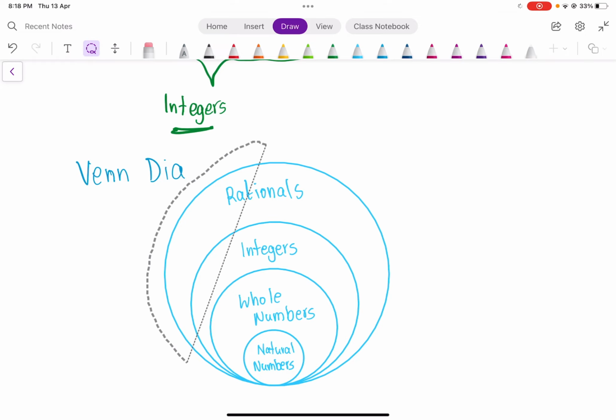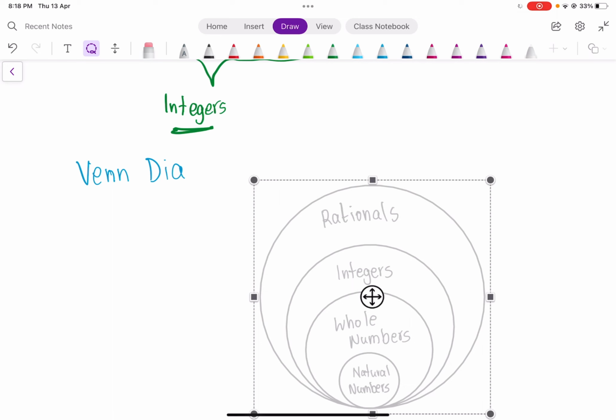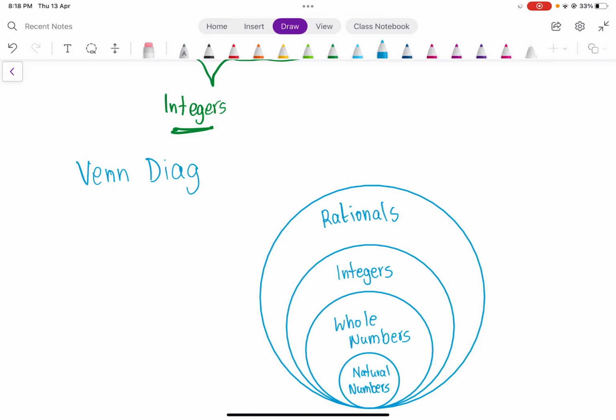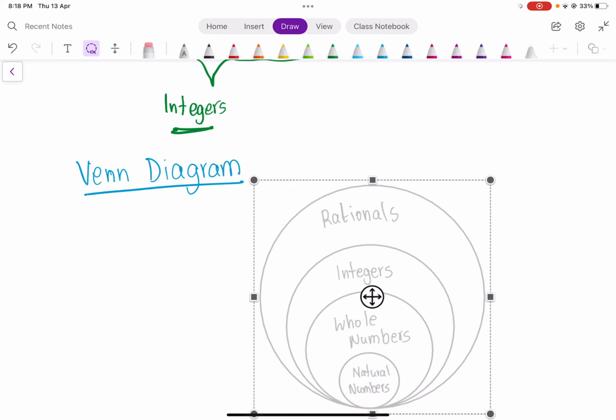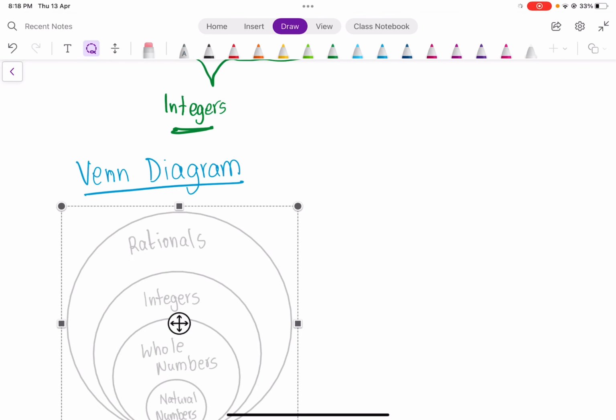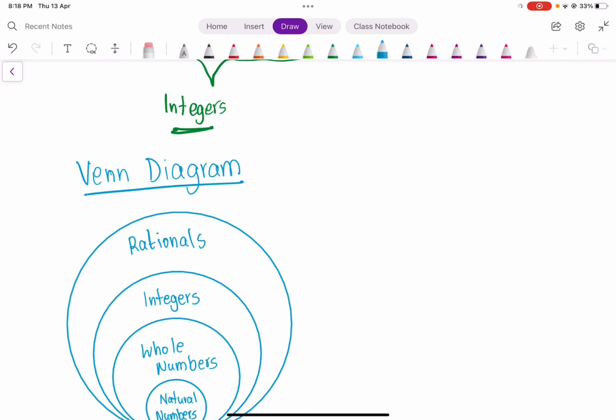Oh, I should move this. So now we've talked about natural numbers, which are numbers from 1, 2, 3, 4, all the way to infinity.